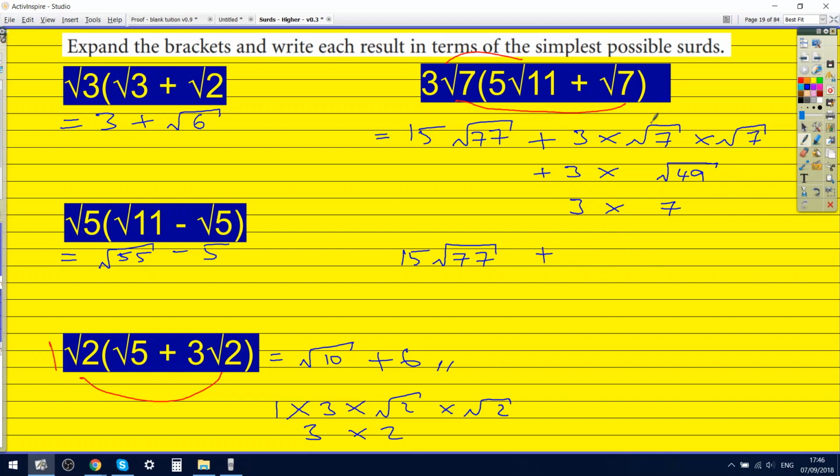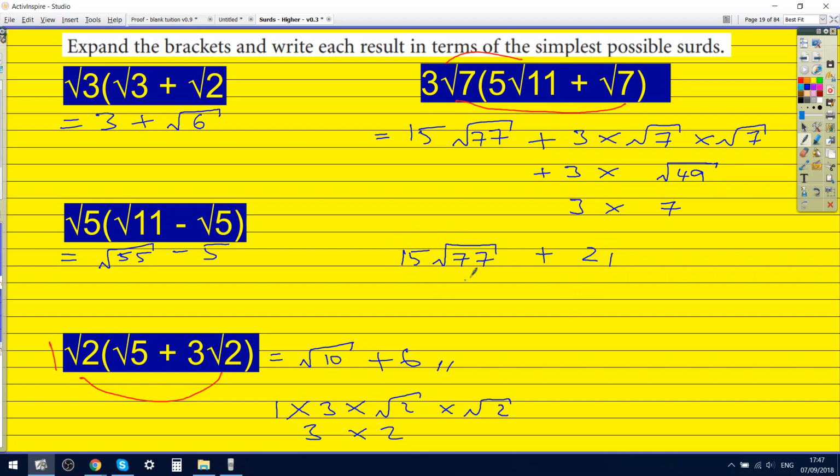It was 3 times root 7 times root 7. Plus 7. So 3 root 49, which was 7. So 3 times 7. I called it 21. Yeah. 3 times root 7 is 3 times 7, which is 21.